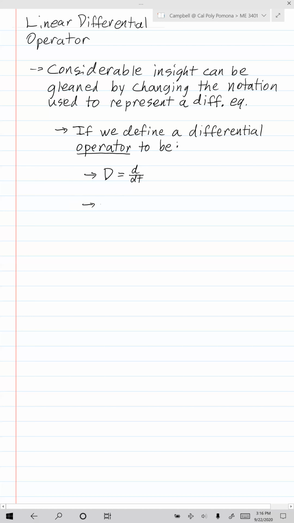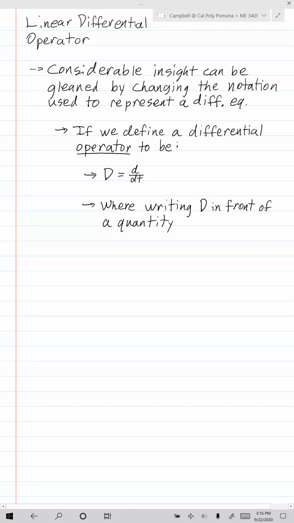So here, when we're looking at taking the derivative, we then just go ahead and write D in front of a quantity, whatever that quantity is that we want to take the derivative of.